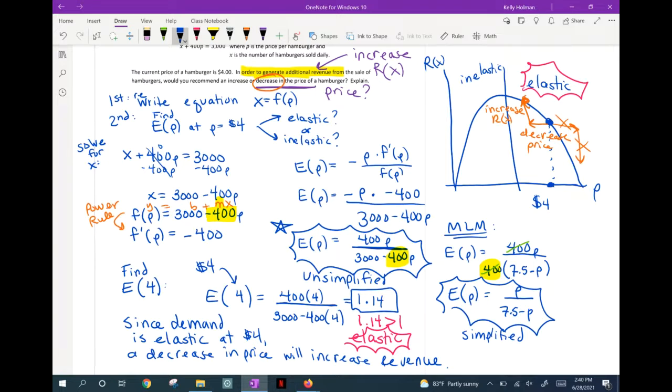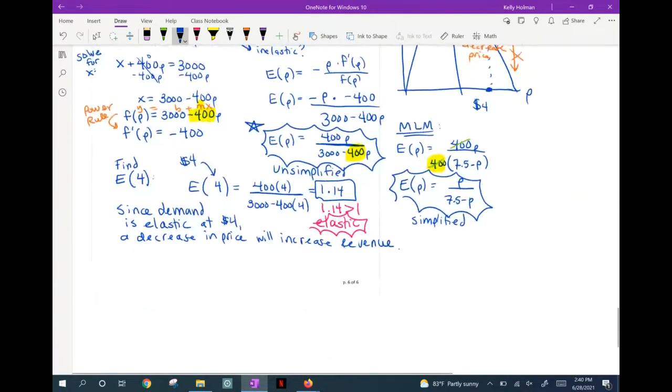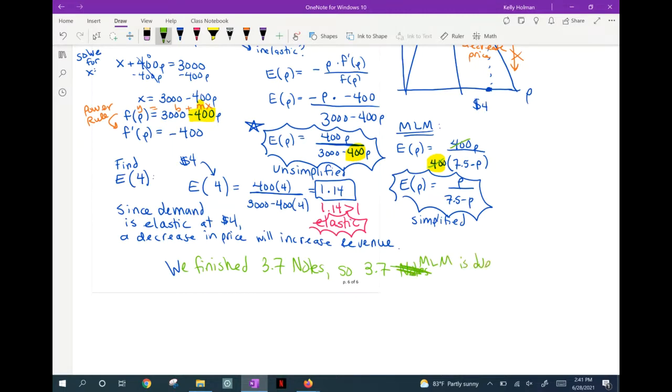Okay, y'all. So just heads up, write yourself a little note somewhere. We finished the 3.7 notes. So 3.7 My Lab Math is due next class, which is Wednesday the 30th.